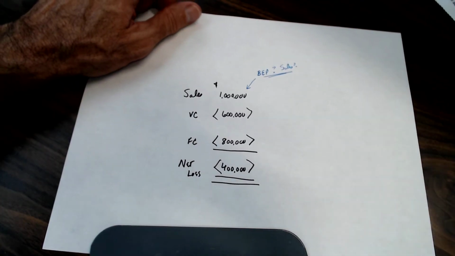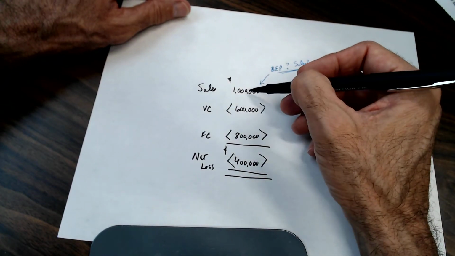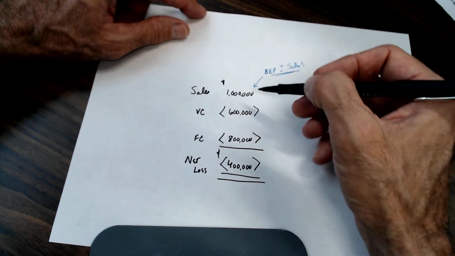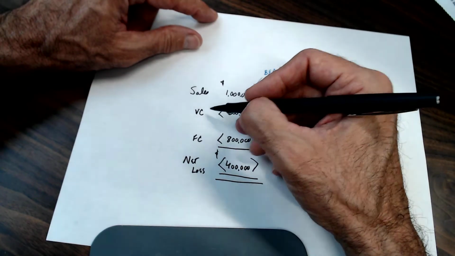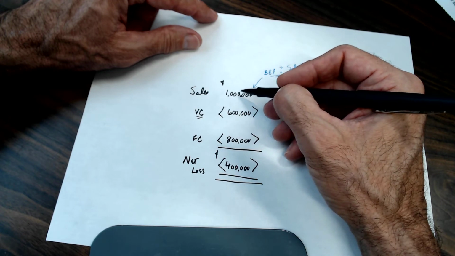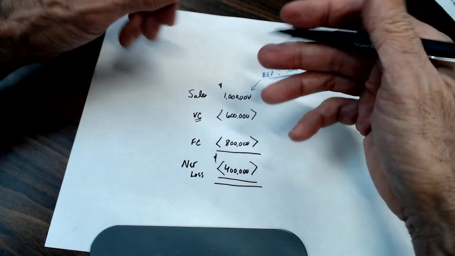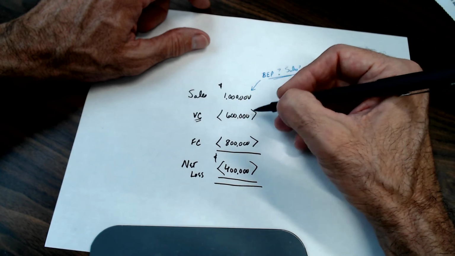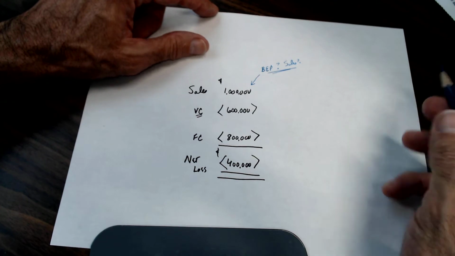Now, initially, you may say, well, since they're at $1 million of sales, they're losing $400,000, I think their sales need to be $1.4 million. But remember, variable costs go up. If I increase the sales by $400,000, the variable costs will go up as well. That's what variable means. The costs are tied to activity. If I increase the activity, these costs will go up. These will not. So how do I calculate the break-even point in sales?